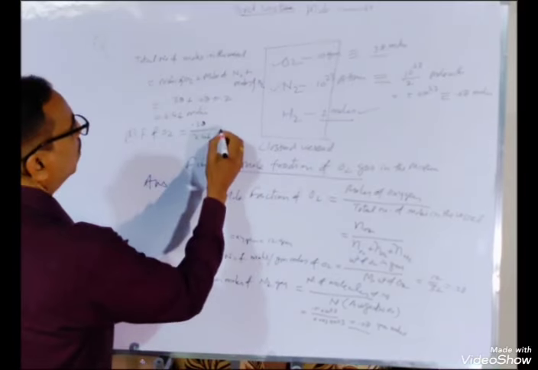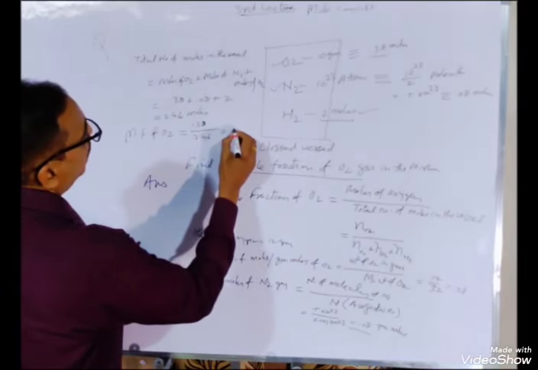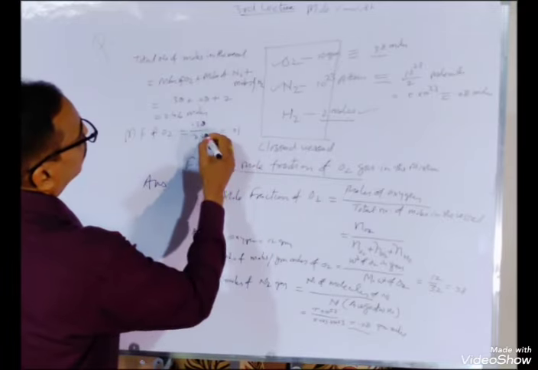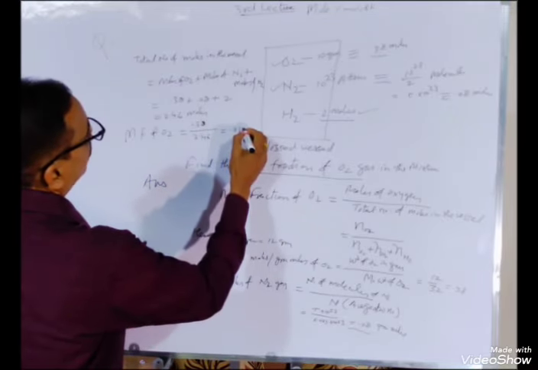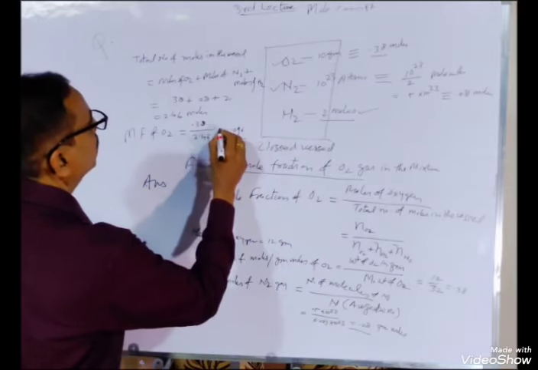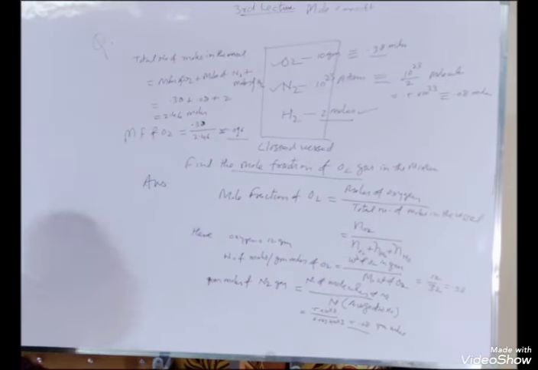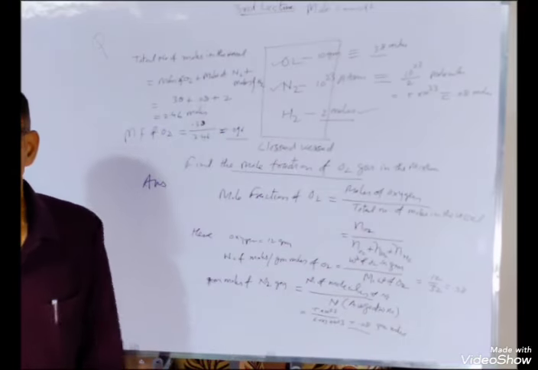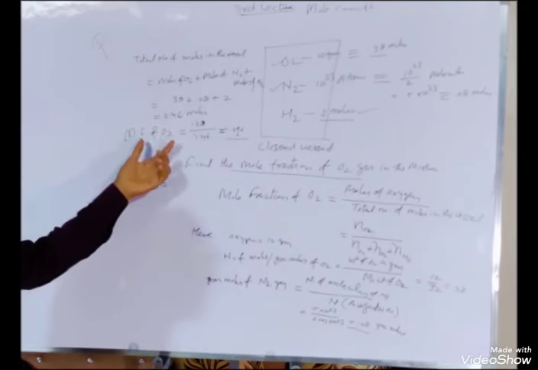It will come around 0.016. So the mole fraction is 0.016. This is the approximate value. You may check the exact value. So this is the mole fraction of oxygen.